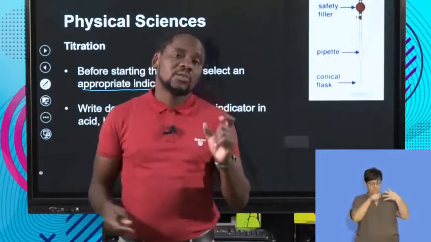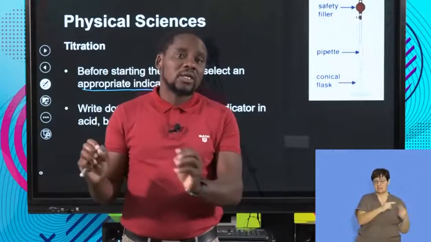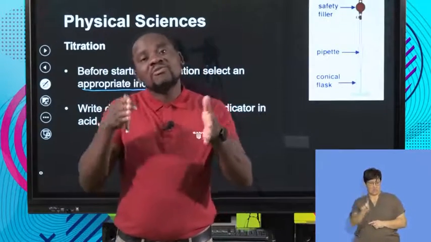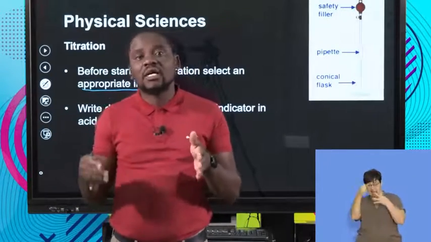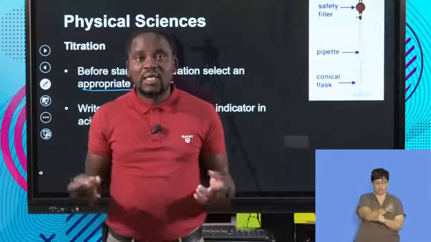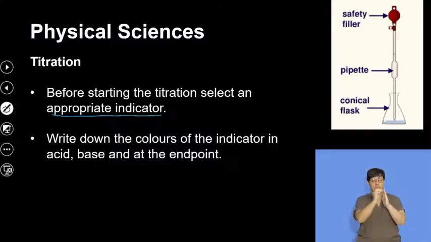Our choice of indicator in an acid-base reaction depends on the type of acid as well as the type of base, which is also informed by the pH range in which that specific indicator undergoes a color change to show us the end point of this acid-base reaction. So we need to write down the colors of the indicator in an acid and in a base, and then at the end point. This is what is happening as far as the choice of the indicator is concerned.